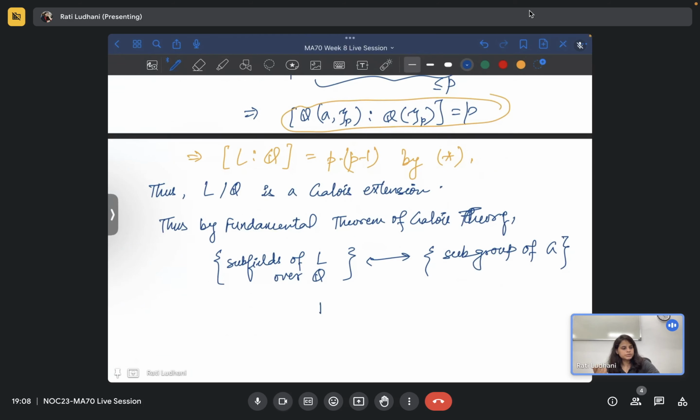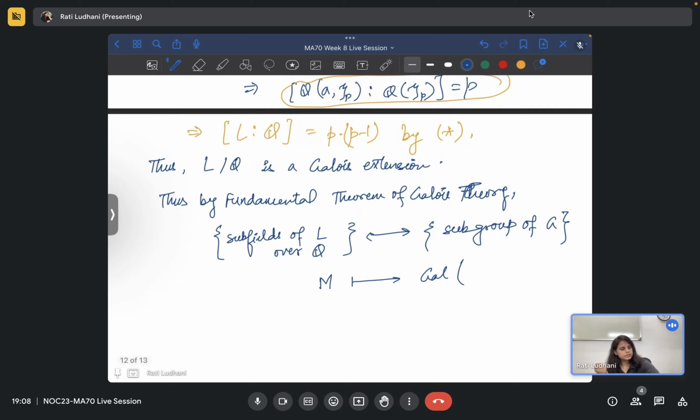Let's say you have some subfield M, then that should map to the Galois group of L over M or M over Q. Okay, we can check this.